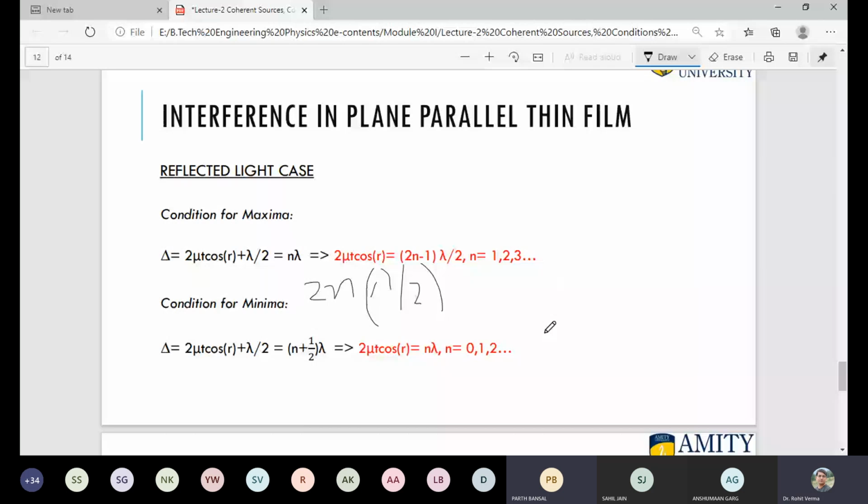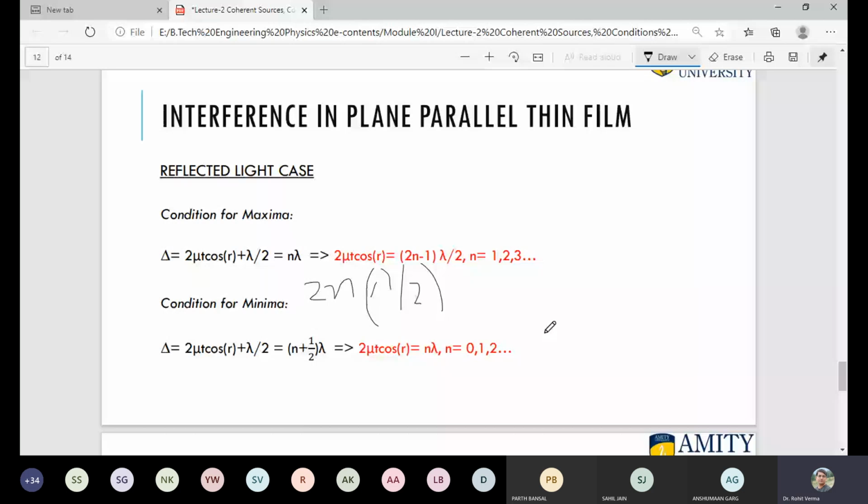But will it be like that the dark fringes are not particularly dark? So in order to get good contrast in the film, the difference in the amplitudes of the interfering waves should be as small as possible.